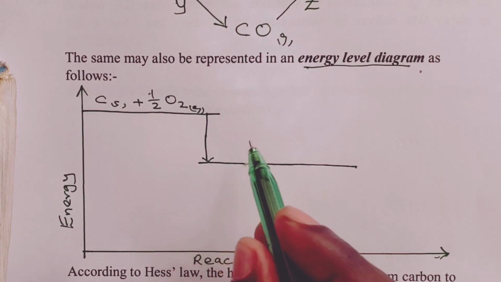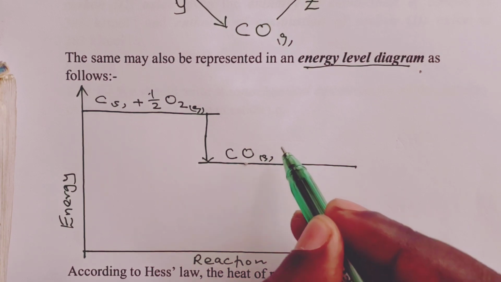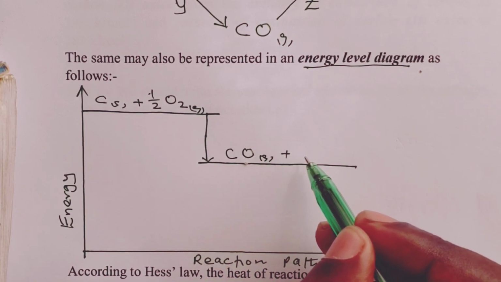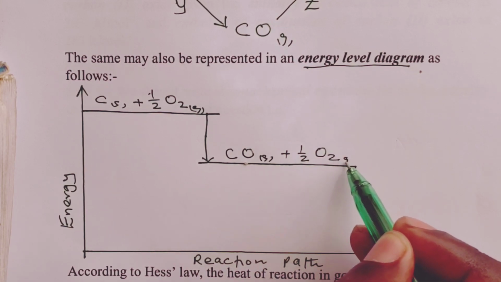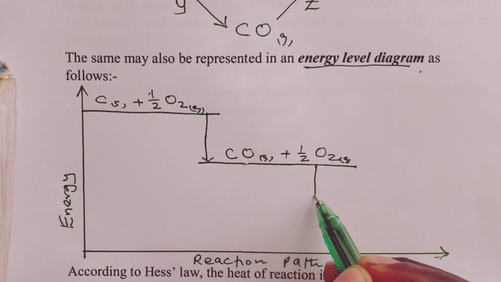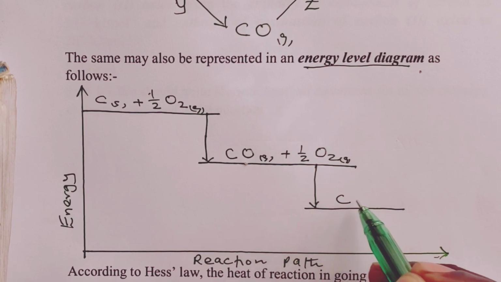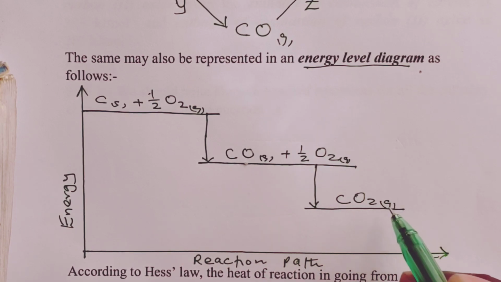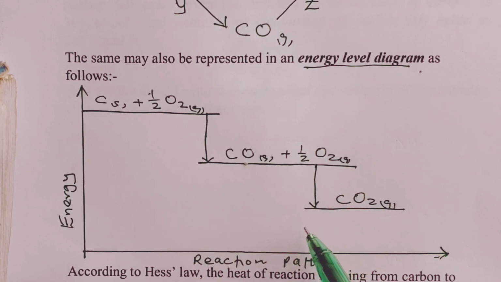At this point we produce our carbon 2 oxide, which we can burn further in extra oxygen to give our final product of carbon 4 oxide. Take note that as you burn your carbon 2 oxide, you also produce heat, and therefore the reaction is exothermic, and the heat change is negative as well.